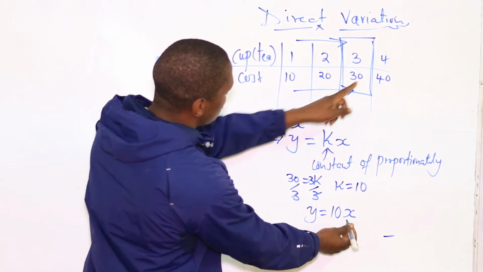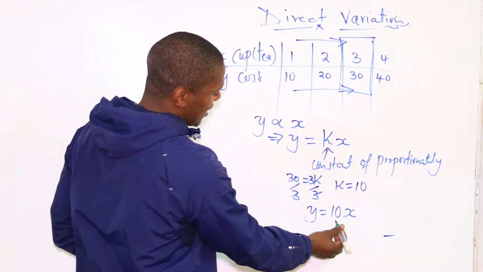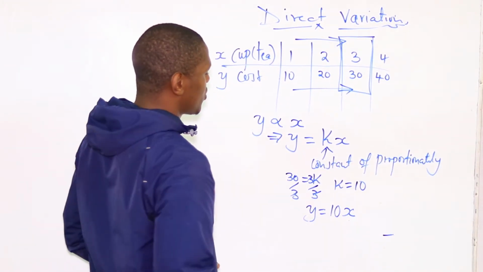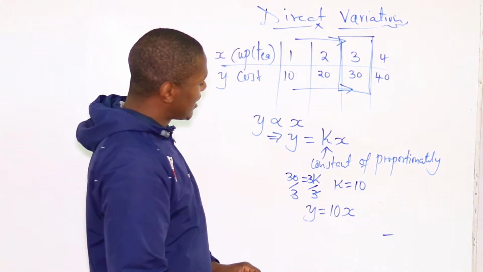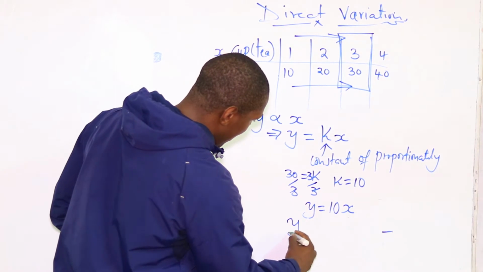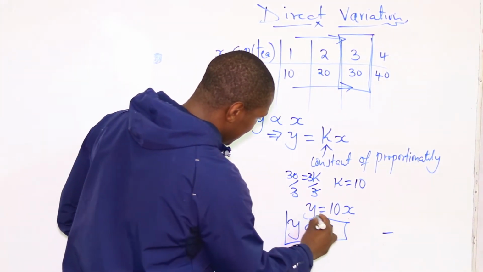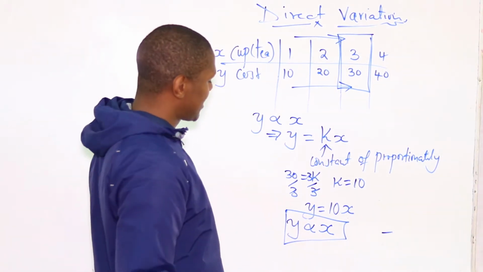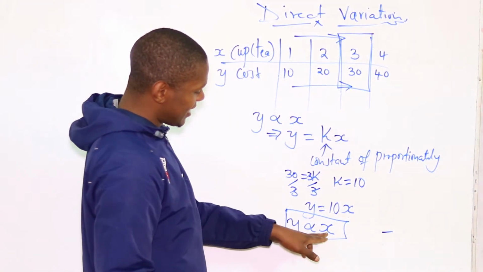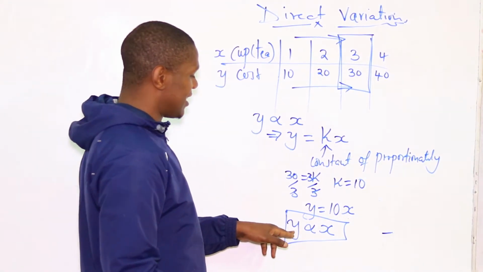If I take X to be 4, that will be 4 times 10, so our Y is equal to 40. So in summary, we can say that Y is directly proportional to X represents direct variation, where an increase in X leads to an increase in Y.